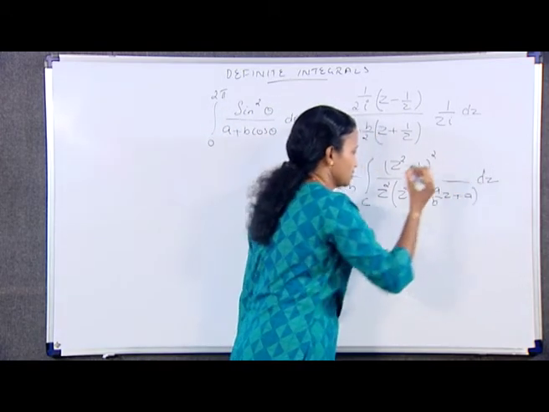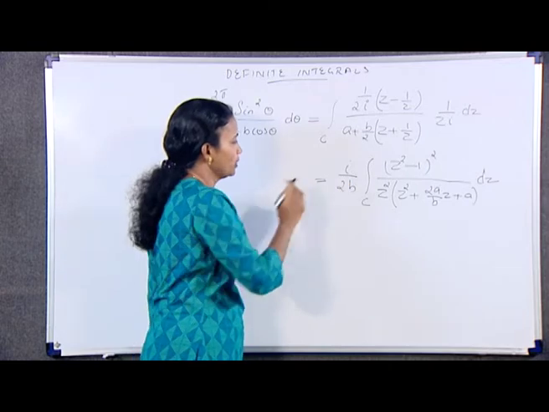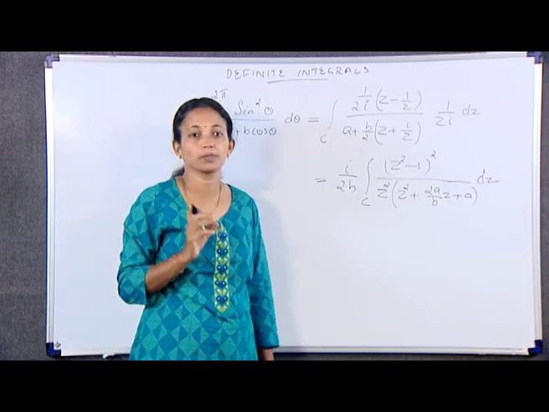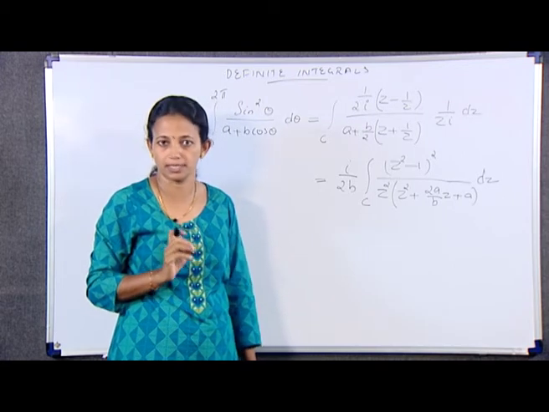Here we have dz. That is i by 2b integral over c of (z square minus 1) whole square by z square into (z square plus 2a by b z plus 1) dz.